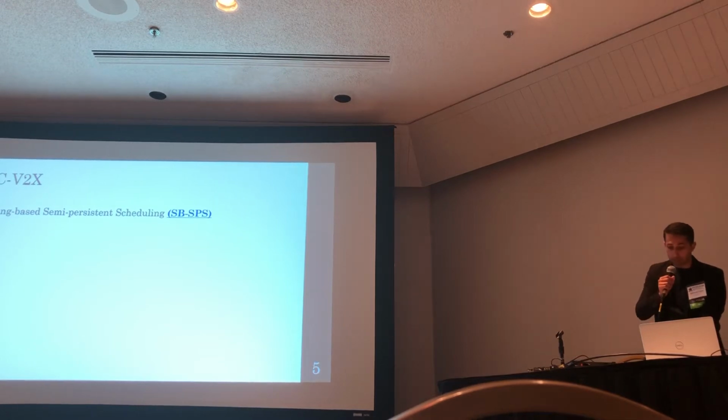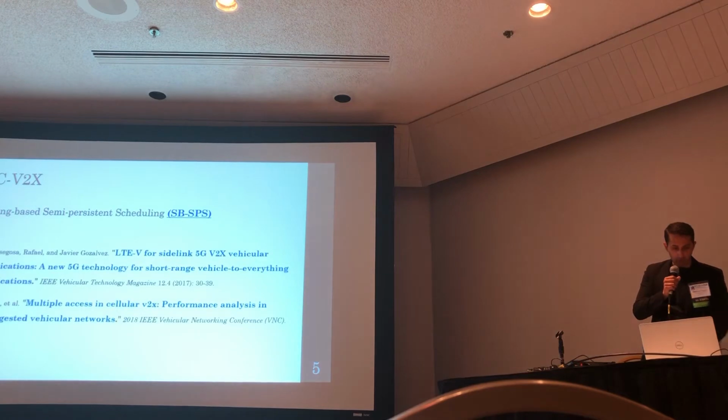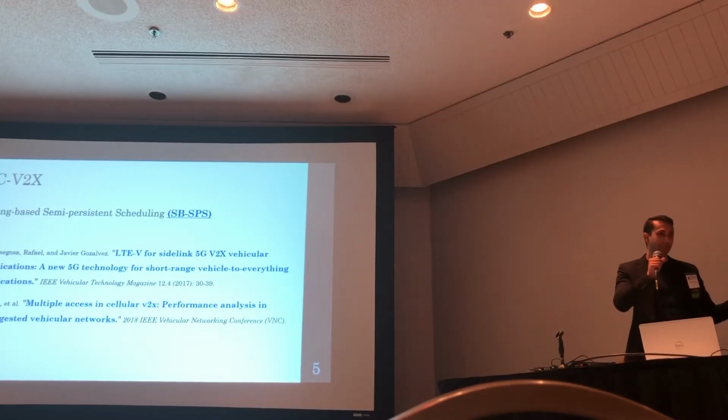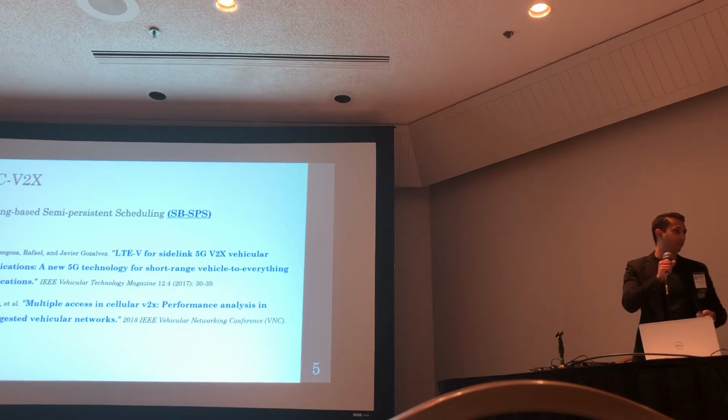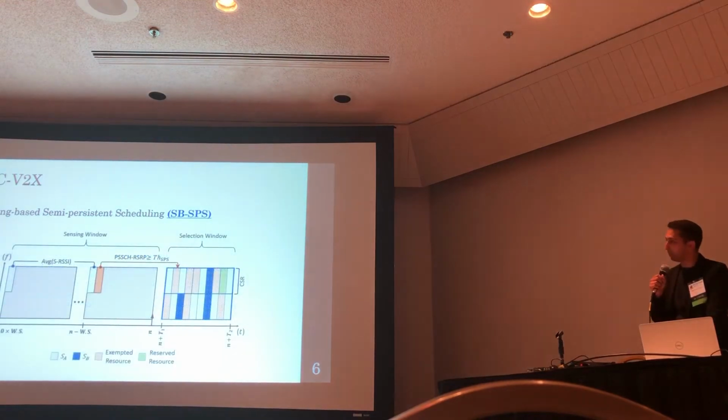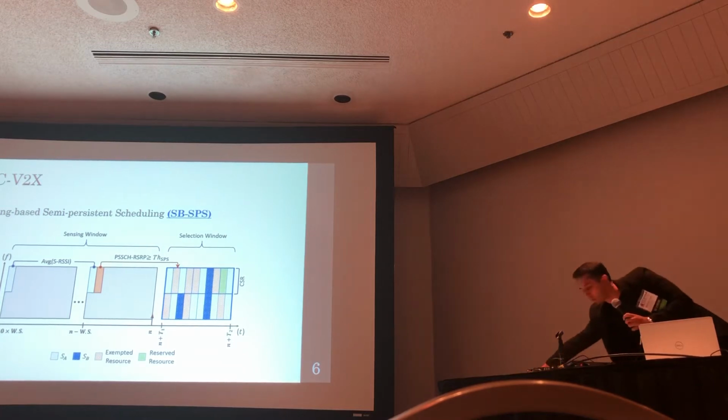If you're interested in the details of this procedure, I would strongly suggest reading a very nice paper from Dr. Gonzalez Vargas in VTM. That's basically how I started working on this domain. I also had another paper last year at VNC, which goes very deep into the details of only resource allocation and MAC layer performance of CV2X. But I'm just going to show you a very brief understanding of how it works.